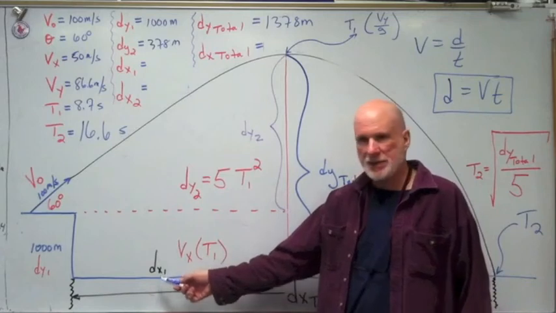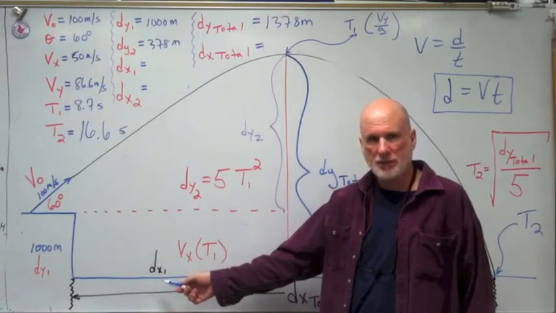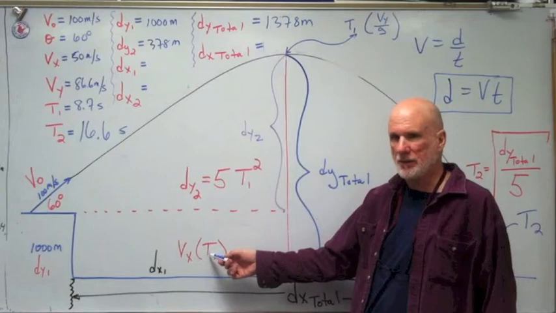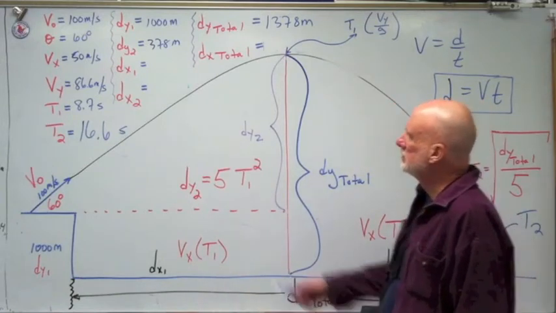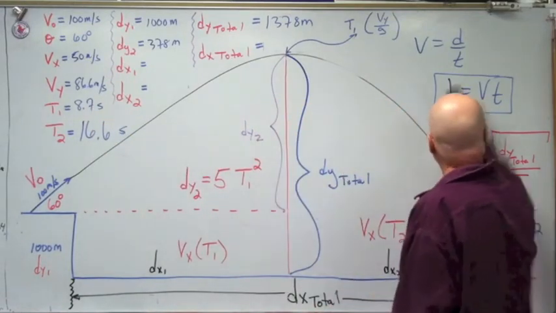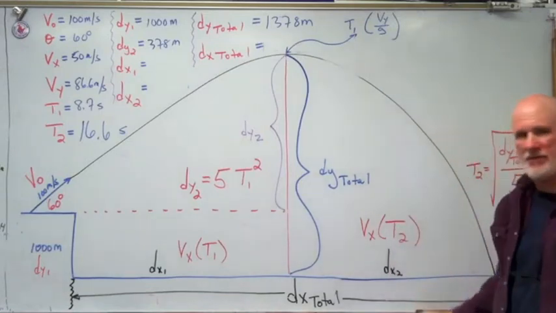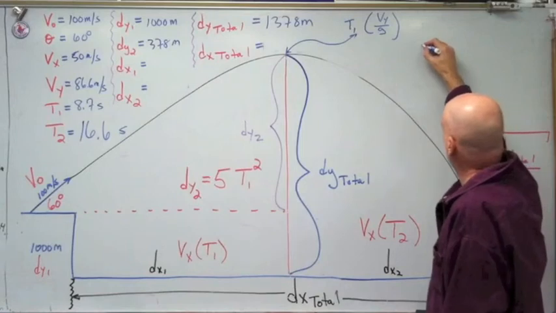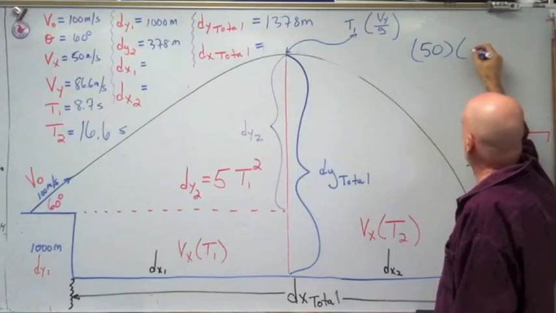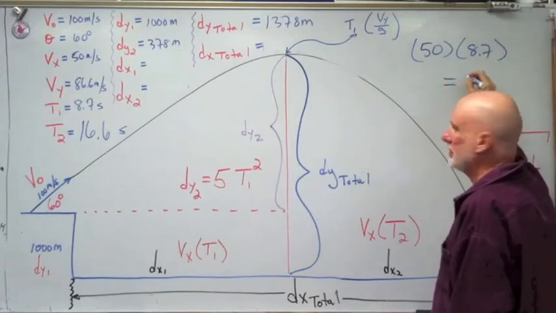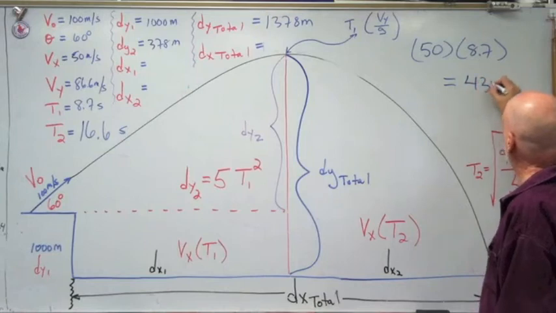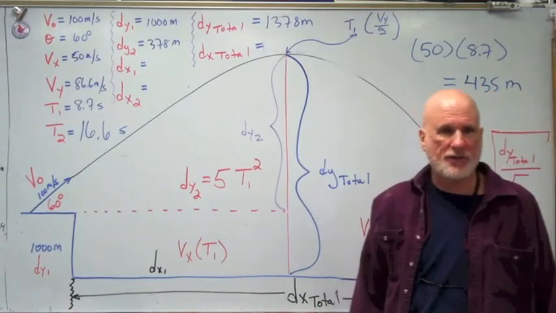The distance in the x1 value is Vx T1. 50 times 8.7 equals 435 meters.